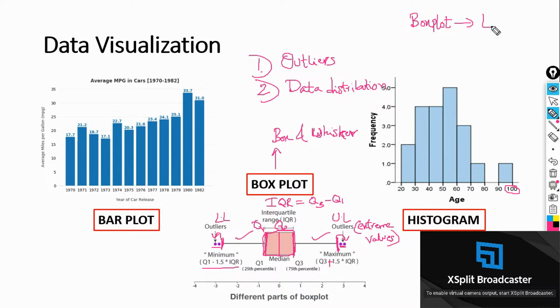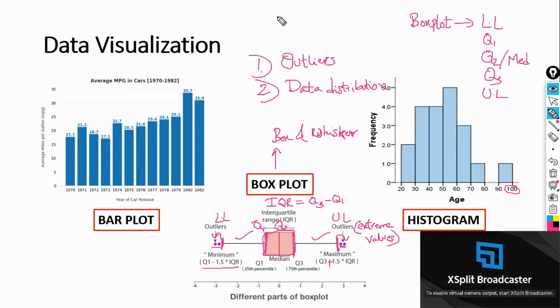The first one is the lower limit, then Q1, Q2, also called the median, then Q3, and finally the upper limit. What is Q1, Q2, Q3? The 25th, 50th, 75th percentile.